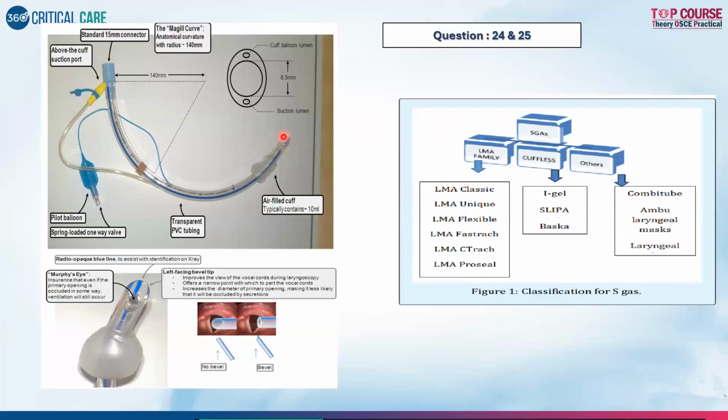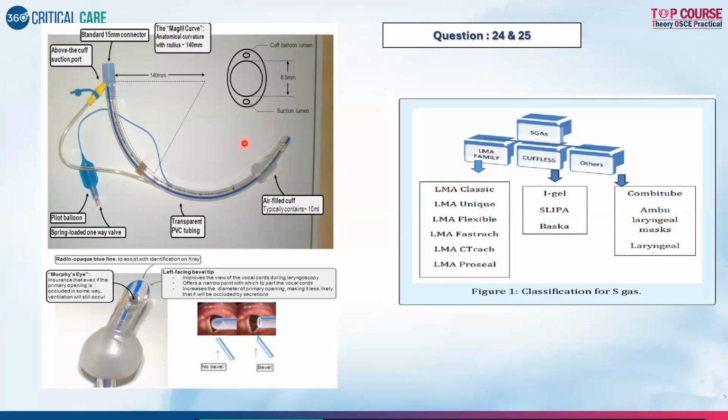Okay, and an air-filled cuff which typically contains around 10 ml. And also know regarding the inner diameter of the tube. So you might be asked regarding the Murphy's eye. So the Murphy's eye, it is another opening. If the primary opening is occluded, then ventilation can still occur with this Murphy's eye.